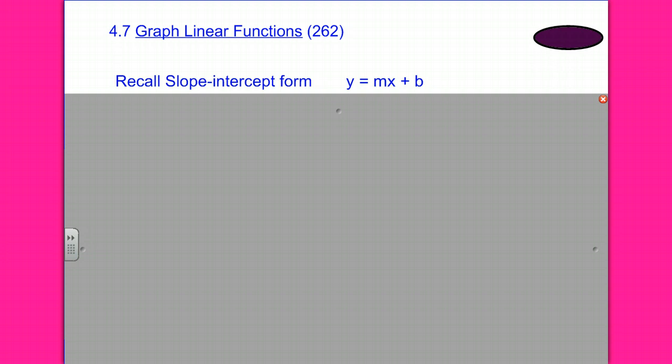Sometimes especially in the real world, we want to compare things going on with graphs. So we might want to compare the sales of, if you were in business, the sales of iPads at the Apple Store versus the sales of iPads at Target or something like that. And we can show that really quickly in a graph. And it might be a linear graph.